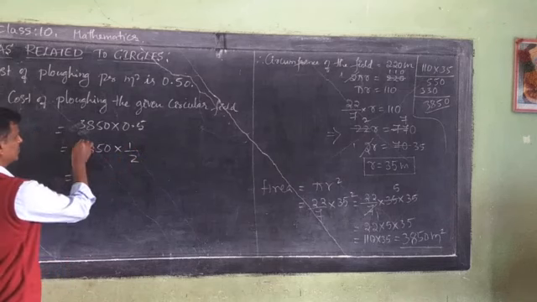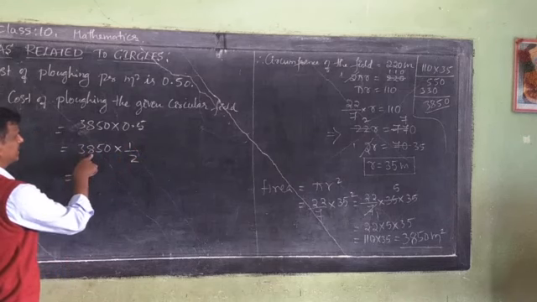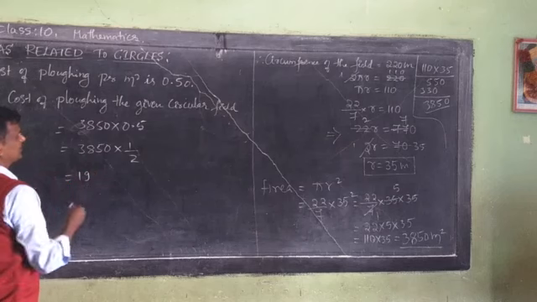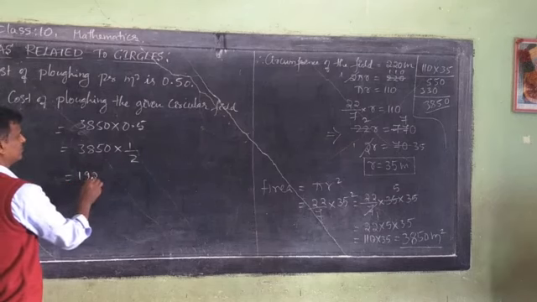Half of 3850: 2 ones are 2, 1 is remaining, 18, 2 nines are 18, then 2 twos are 4, 2 fives are 10.